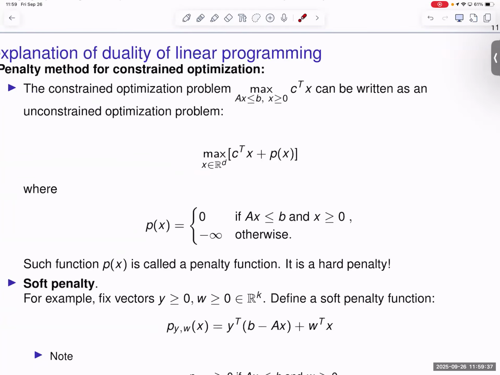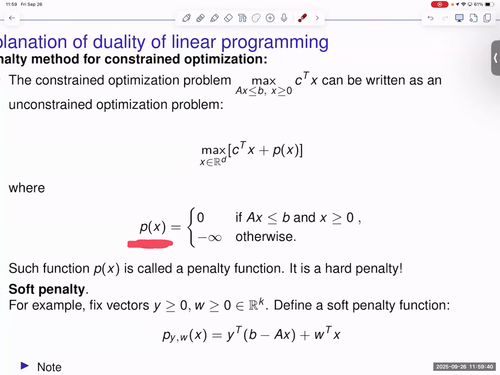How? You just add a penalty term to your objective function. Namely, if your variable satisfies the constraint, then no penalty. If your variable does not satisfy the constraint, then you have infinite penalty.